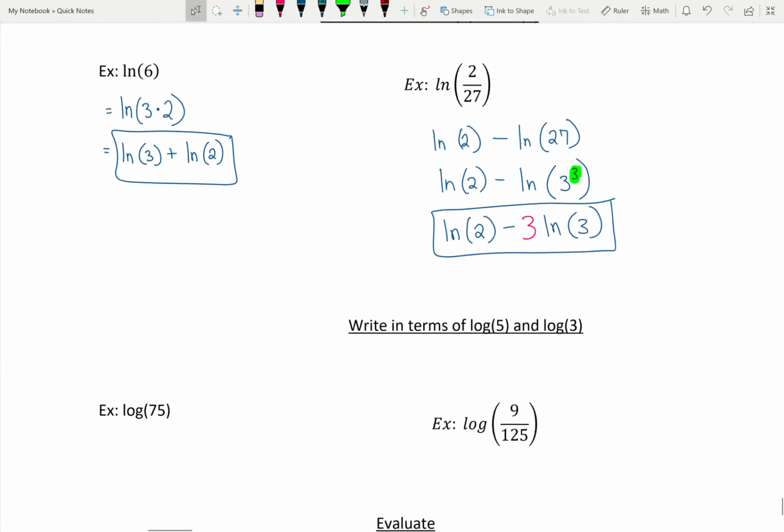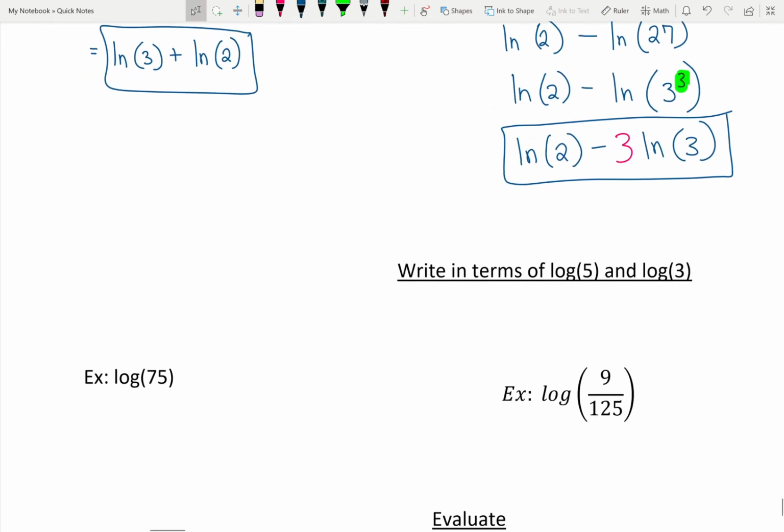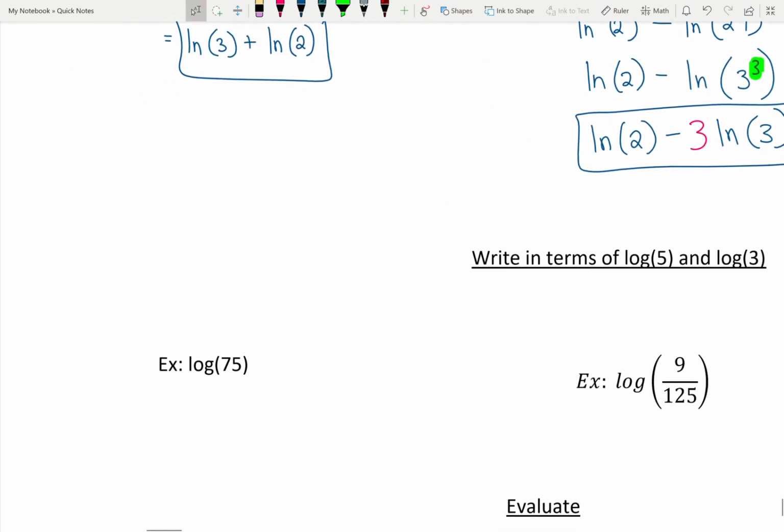Another set of examples. So our goal here is to write things in terms of log of 5 and log of 3. So let's look at this question right here. Log of 75. So what can I do with this log of 75? Right now, it's definitely not in terms of 5 or 3, right?